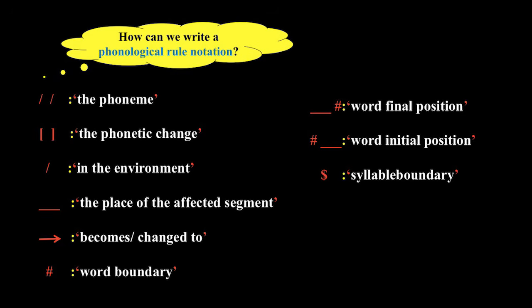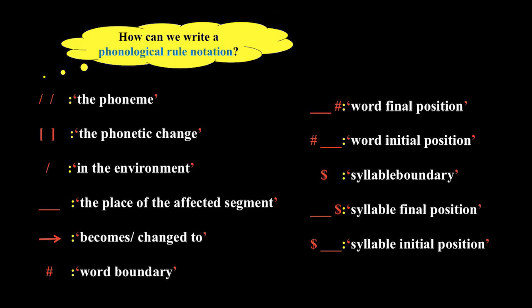We also use the S symbol, like a dollar, to refer to a syllable boundary. If that syllable boundary is following the environment, if it is after the environment, that denotes a syllable final position at the end of a syllable. But if it is before the environment, before the dash, that denotes a syllable initial position, which is at the beginning of a syllable.